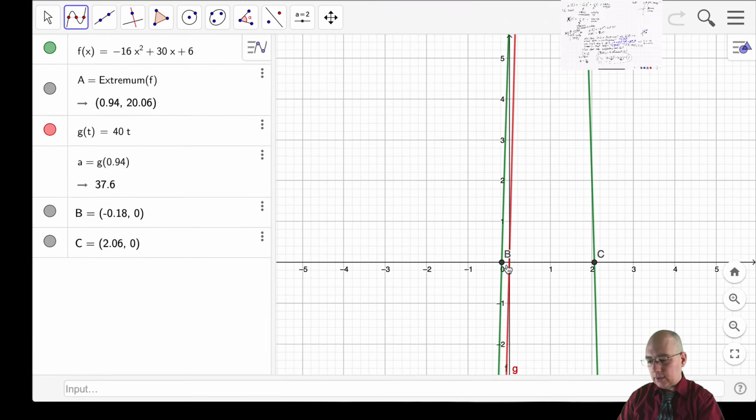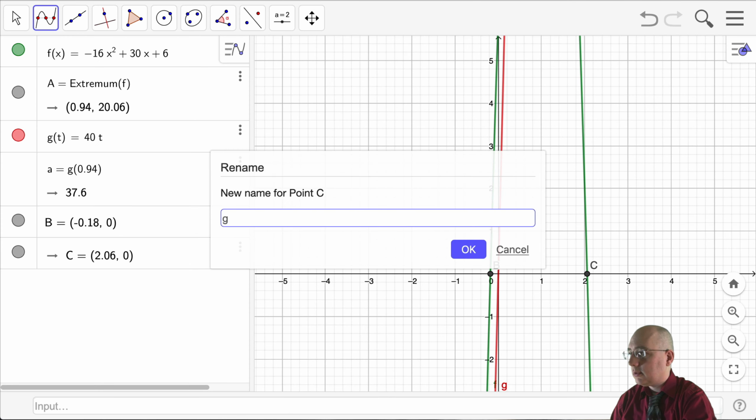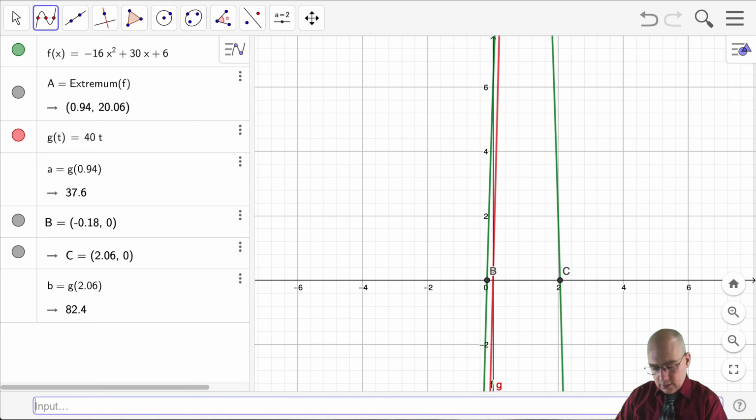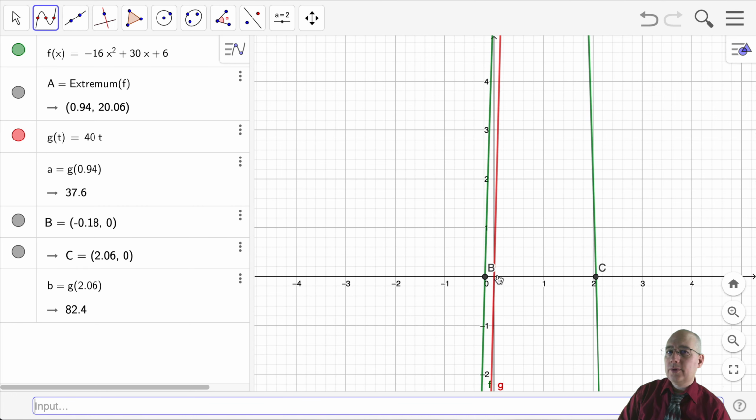And so then K, what is this? I called it G. G of 2.06. So that's about 82.4. And, you know, this negative point here is pretty close to 0.